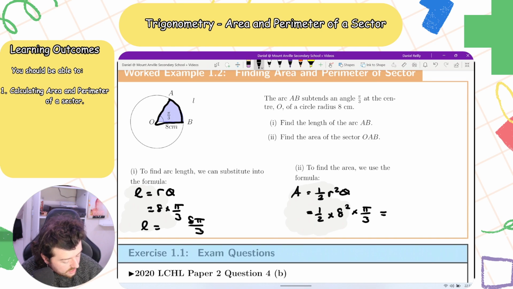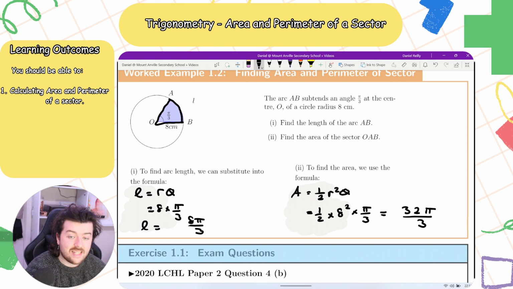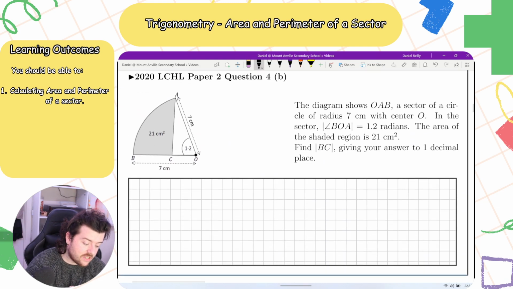And that is going to be 32 pi over 3. Yep, 32 pi over 3. And that is the area of the sector. So very, very straightforward. Let's just look at an exam question here.